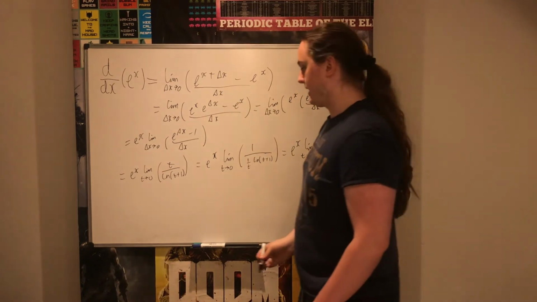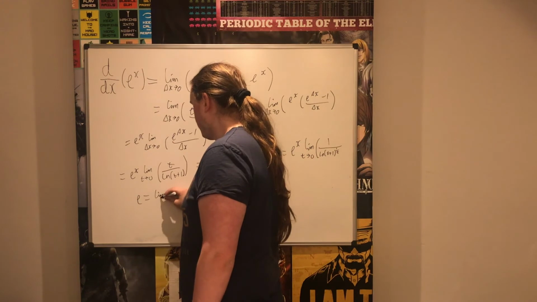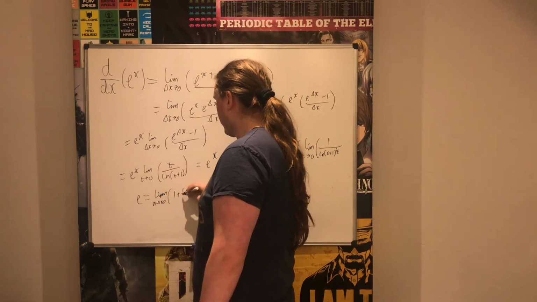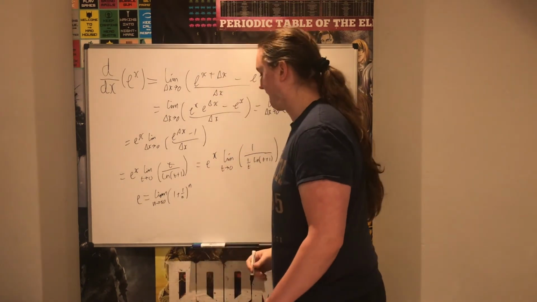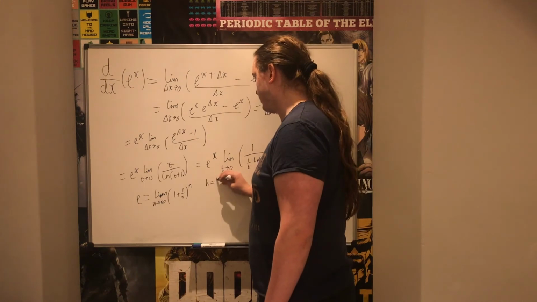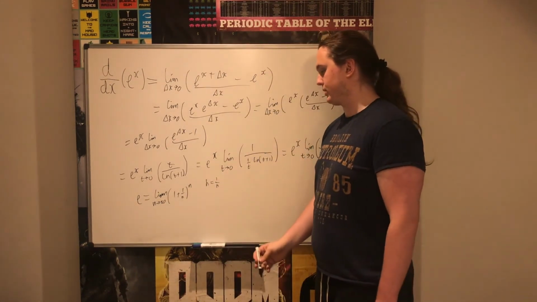Now, we know that e is defined as the limit as n tends to infinity of 1 plus 1 over n to the n. Now, if we make a change of variable here, and we say h equals 1 over n, then as n approaches infinity, h will approach 0.